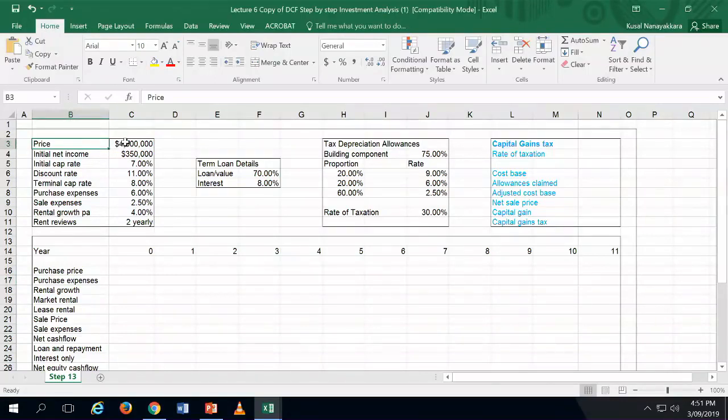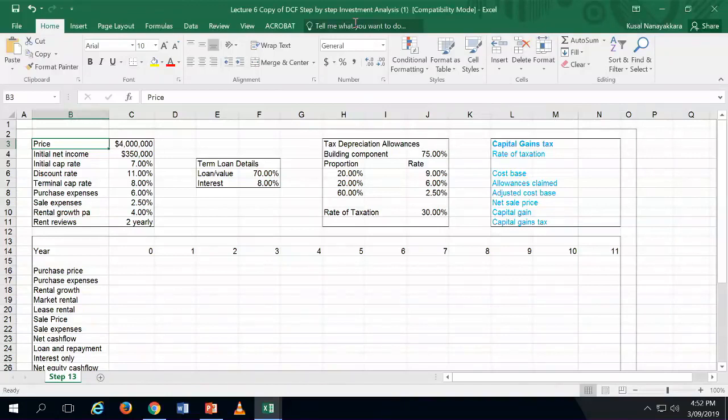Purchase price is 4 million. Initial net income is 350,000. Initial cap rate is 7%. Discount rate is 11%. Terminal cap rate is 8%. Purchase expenses are 6% and sales expenses are 2.5%. Rental growth per annum is 4%, and rent review is two-yearly.